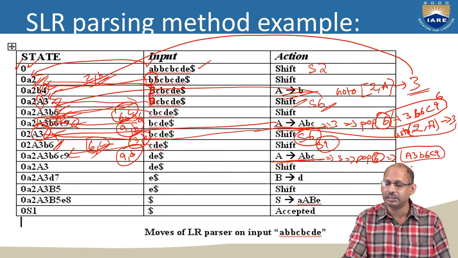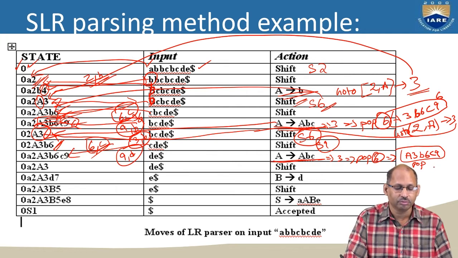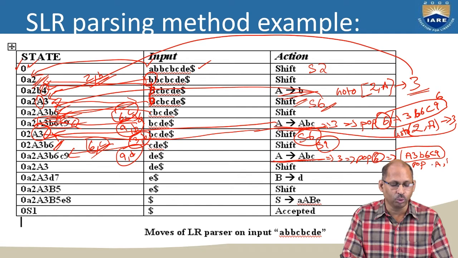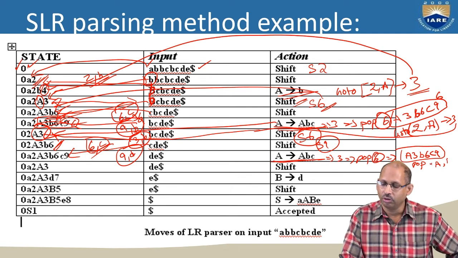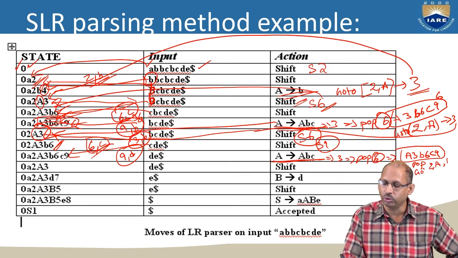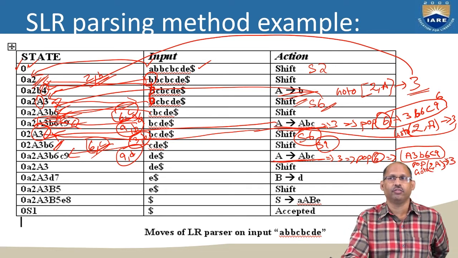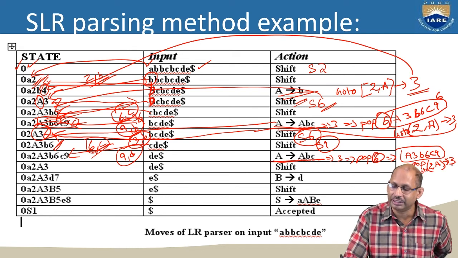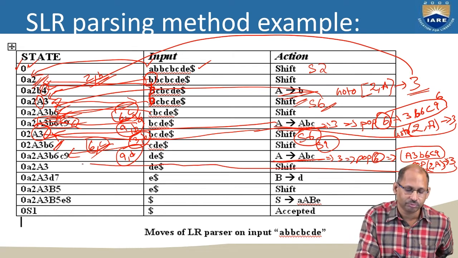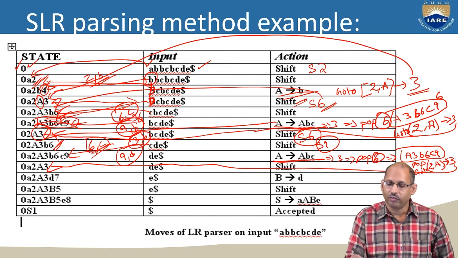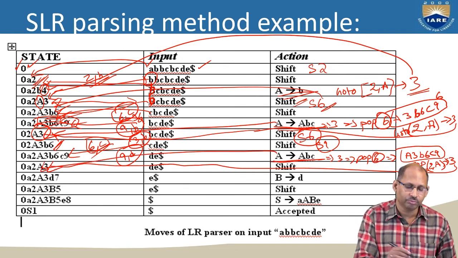These 6 symbols have to be popped. Then we have 2 and A. Right? 2 and A, so go to 2 and A, which is 3. So write this 3 here.